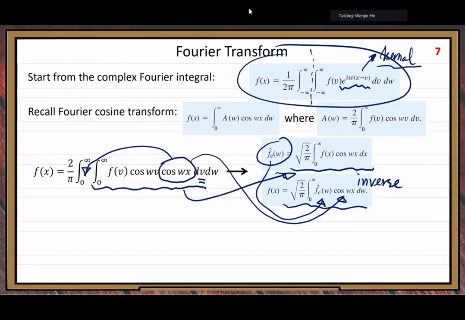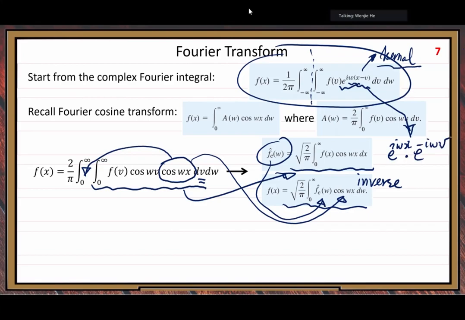Then this E function, can we split it? Because there is a wx part and a wv part, right? First, let's split this E function. E to the iw, so let me write clearly. Let's split it: e to the iwx times e to the negative iwv.